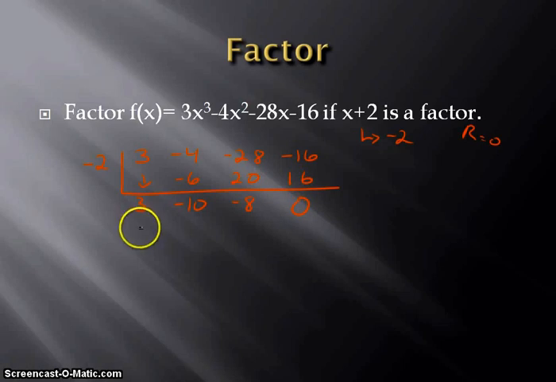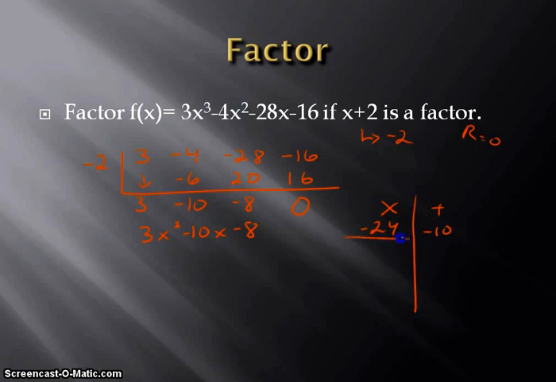So let's see what I have here. I have 3x squared minus 10x minus 8. Let's see if that factors. Can we get a product of negative 24 and a sum of negative 10? Well, looking at this, I see that if I do negative 12 and 2, I can get it to work. So I'm going to make my box.